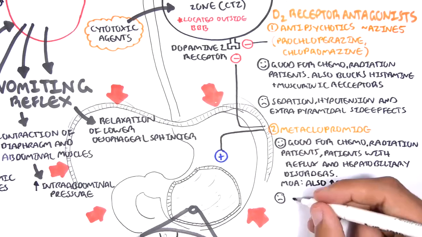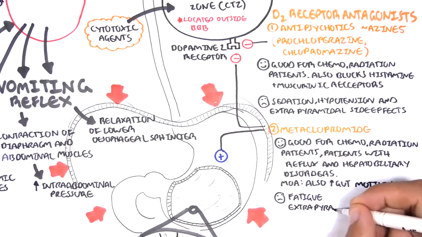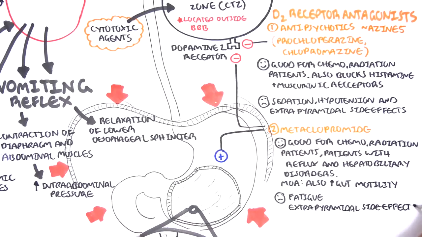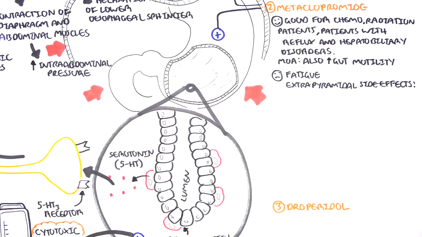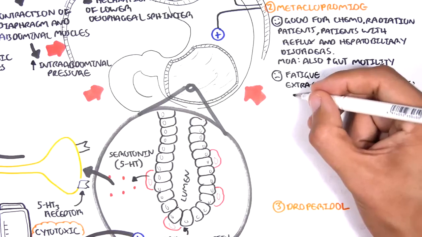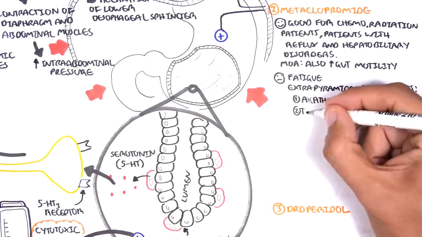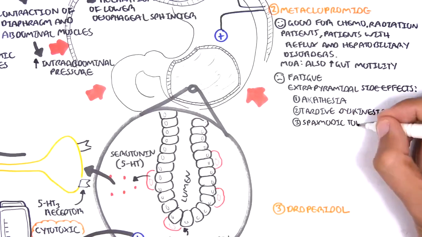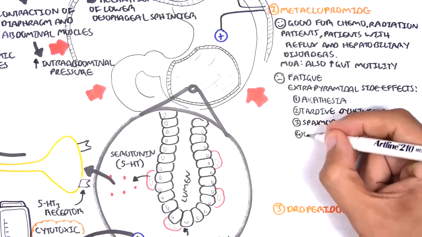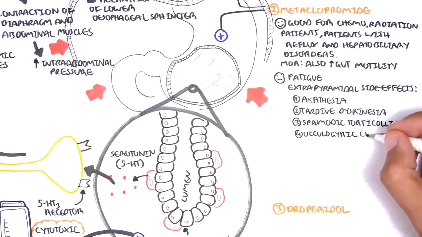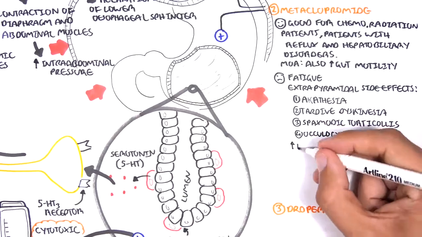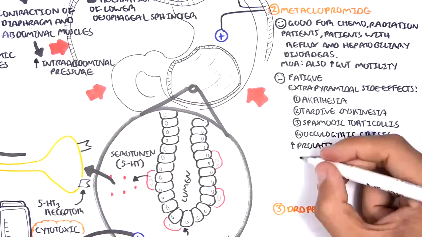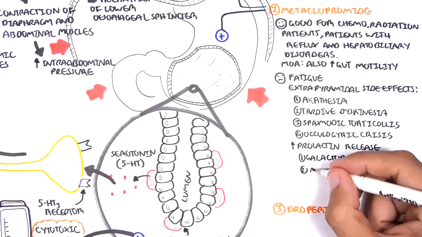The side effects of metoclopramide, other than gastrointestinal upset, include extrapyramidal side effects. Extrapyramidal side effects, as mentioned, are common in antipsychotic medications, and include akathisia, which is restlessness, tardive dyskinesia, spasmodic torticollis, and oculogyric crisis. It can also increase prolactin levels, which can result in galactorrhea, menstrual problems, as well as more lactation.